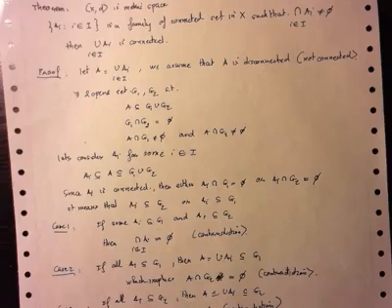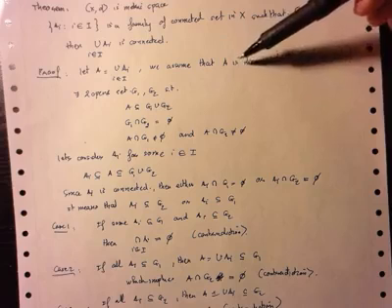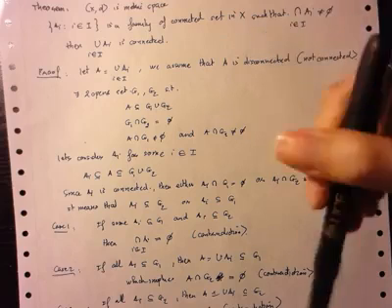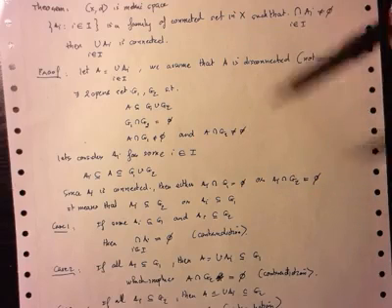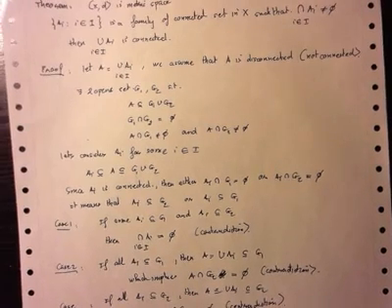Must be connected, because of the contradiction. We assumed before that it's not connected, but that contradicts, so the union of A sub I must be connected. Okay, so this is QED.